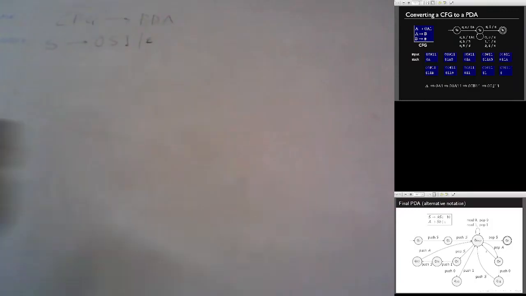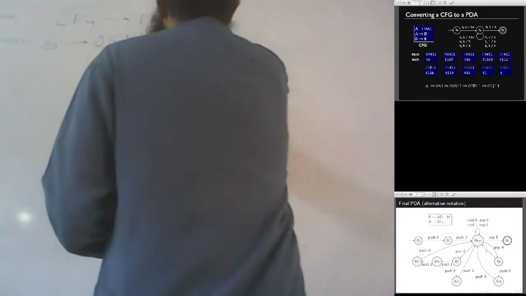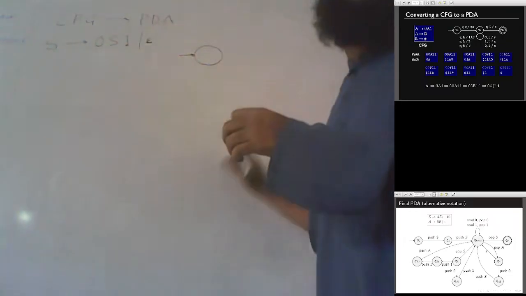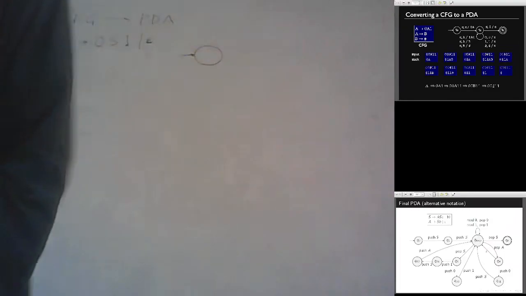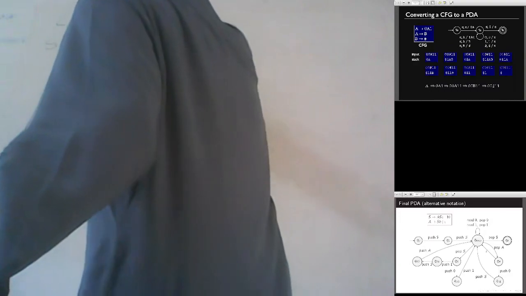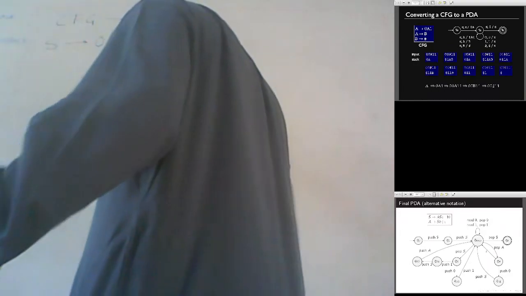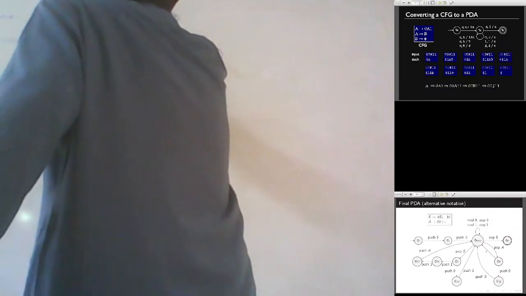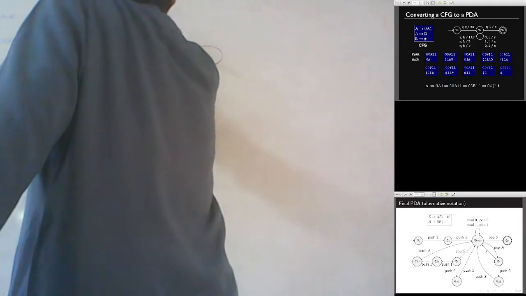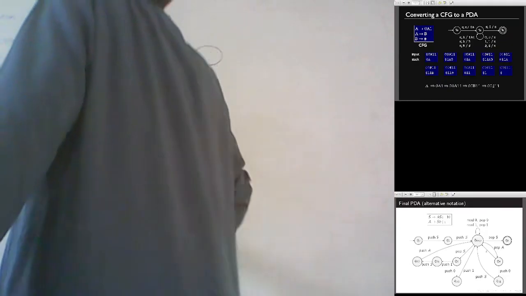Okay? So we start with the base. Let's add another variable. Let's say instead of going to epsilon, it goes to A. I don't want to add too many new variables.